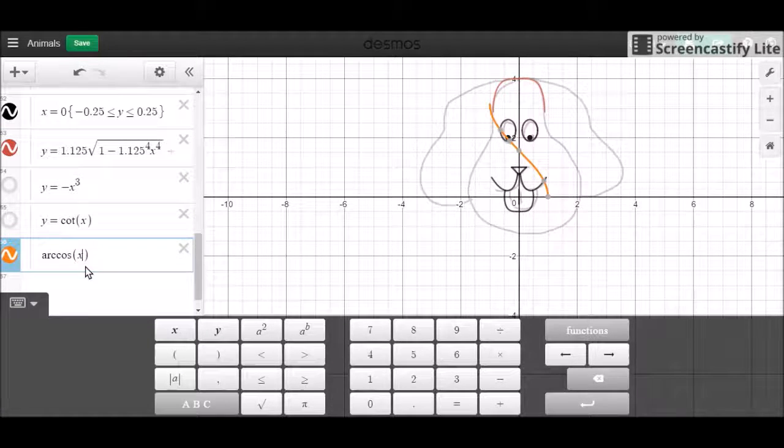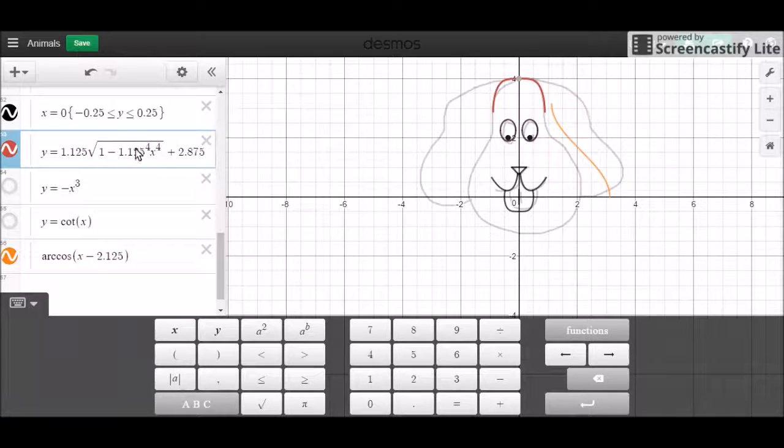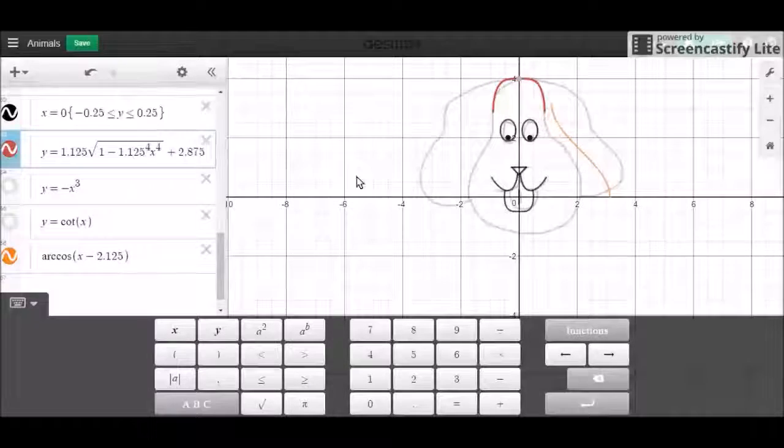So let's start somewhere. And this point is going to be its assumed y value, 2.875 minus 1. So this is actually no reason for this to not be 2.875.